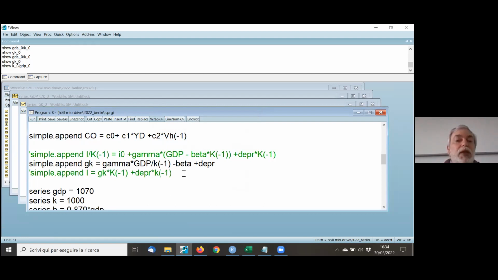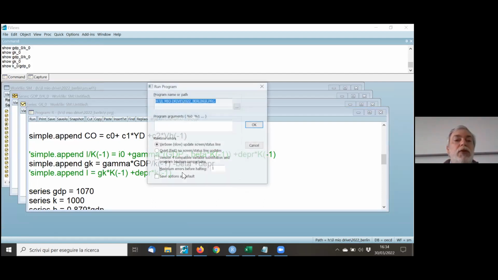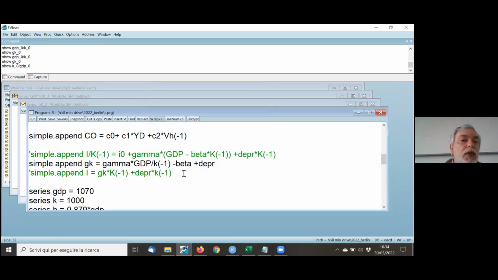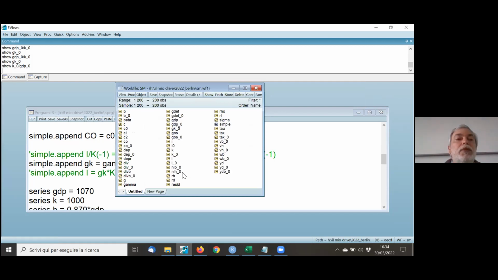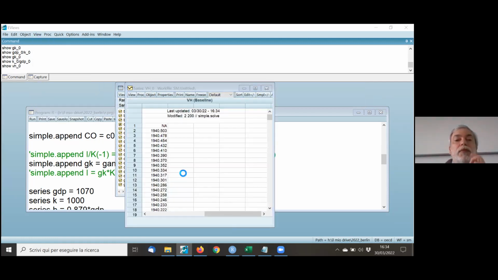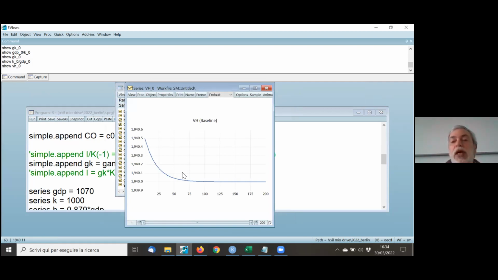So far, if we keep investment exogenous, the models seem to work well. I don't know why I call this program R. So let me check that this is still the case. Yes, we now have a steady state model, but without the investment.